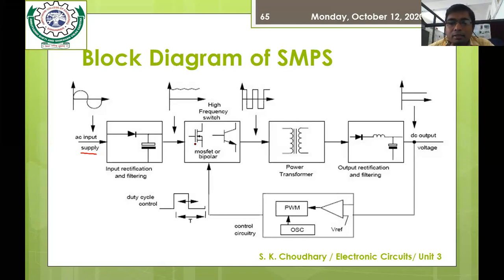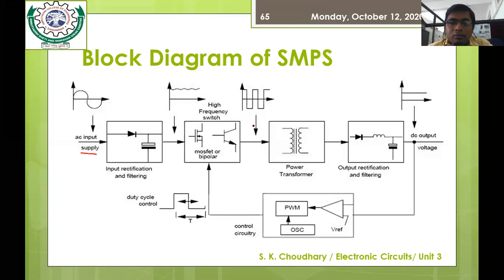You can see in the diagram we generally use a MOSFET or maybe a BJT for switching purpose, and the output of the switching device is actually a time varying pulse or time varying signal. You can see there is a square wave at the output of the switching device.